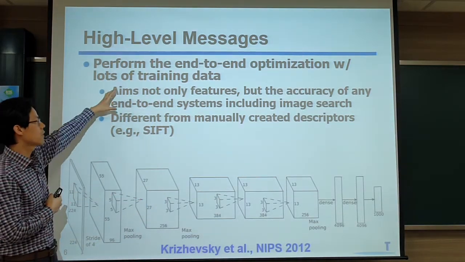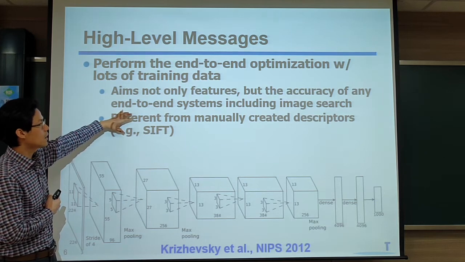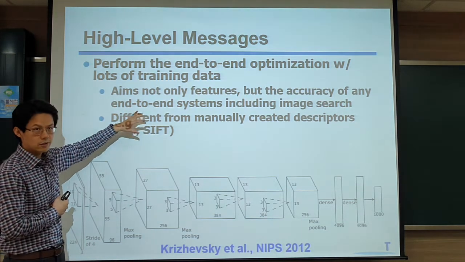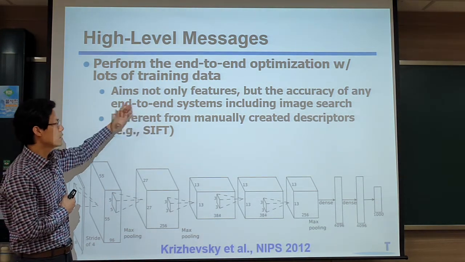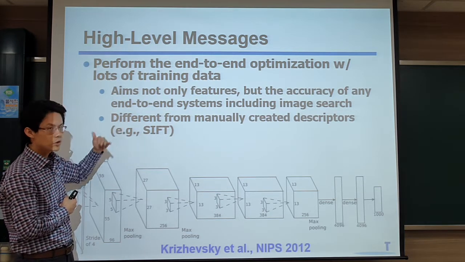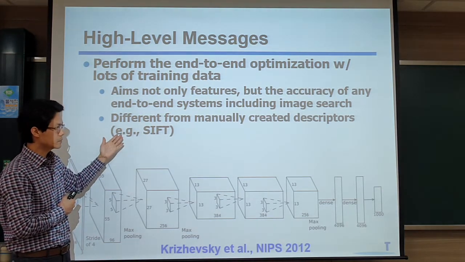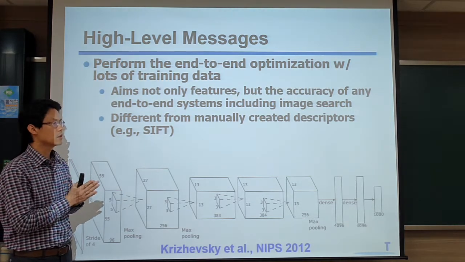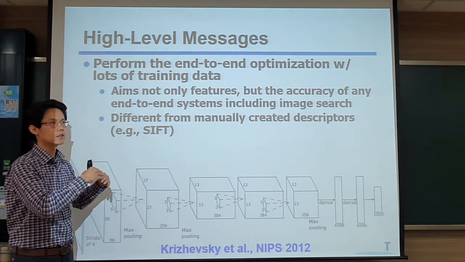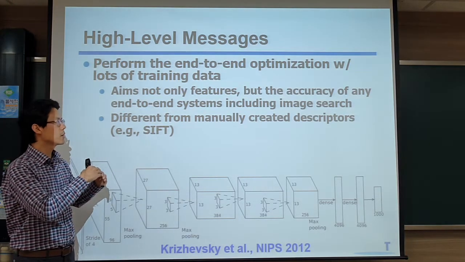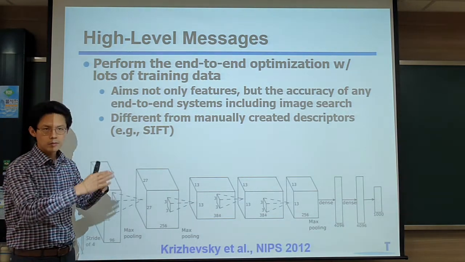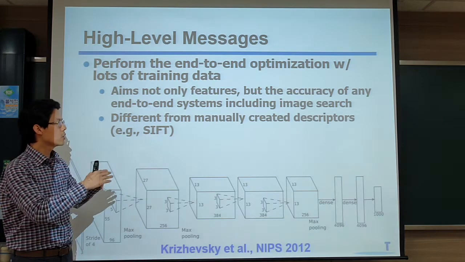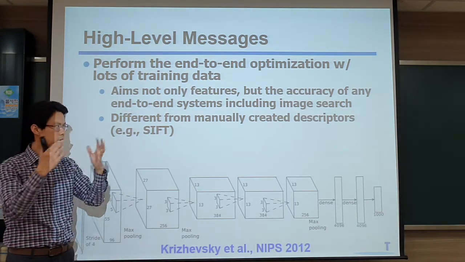So that's very different from the manually created descriptor. As I mentioned before, we manually created every component, right? For example, in the SIFT case, we manually created the layers for extracting the DoG, then how to detect the local maximum, and then given the local maximum, how to extract the descriptor and so on.